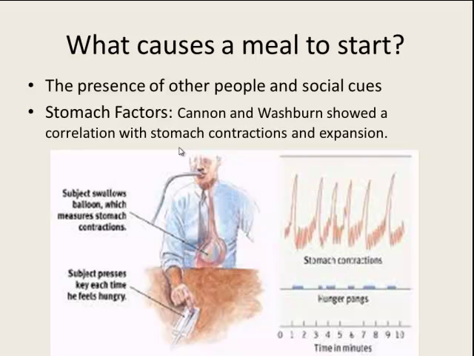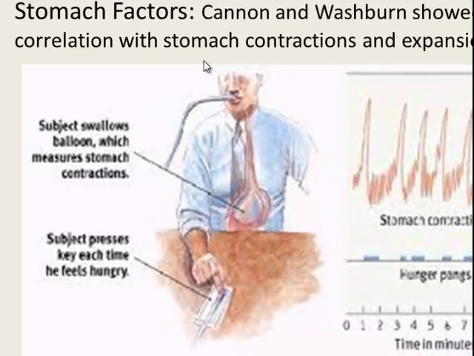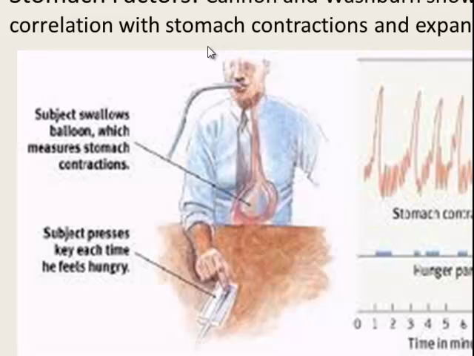And one of the famous experiments, this was done a long time ago by Cannon and Washburn, they literally put a tube down into people's stomachs. And the balloon that they put down there, they would expand and they would shrink. And people would press a lever when they felt hungry.